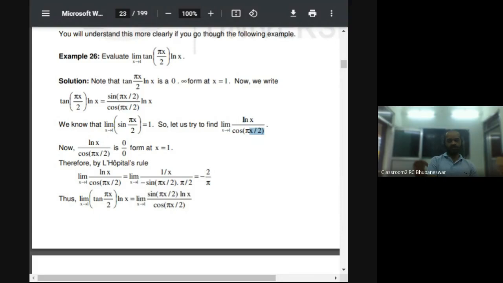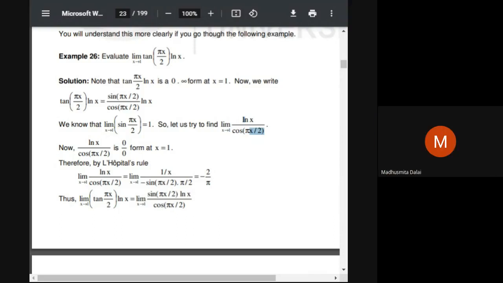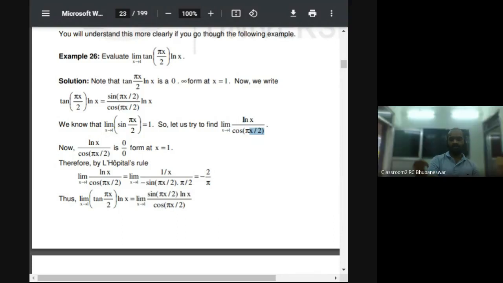Very interestingly, you can see that we have ln x in the numerator and cos of pi x by 2 in the denominator. When you substitute x equal to 1 in the numerator, the result is 0, because we know ln 1 is 0. And in the denominator, cos of pi x by 2 becomes cos pi by 2, and cos pi by 2 is 0, so it is in the form of 0 by 0, that means indeterminate form.